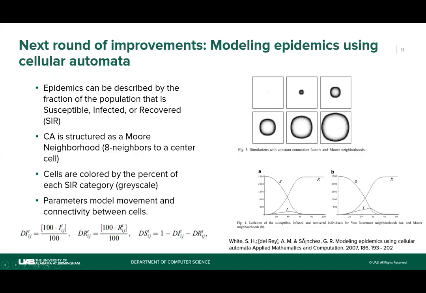There's an additional term, not in the equation that I'm showing on this slide, that can be included in the transition rules to model whether the cells are connected by car, by train, or by plane. And so there's actually a decent way of representing that information in the models presented in White.